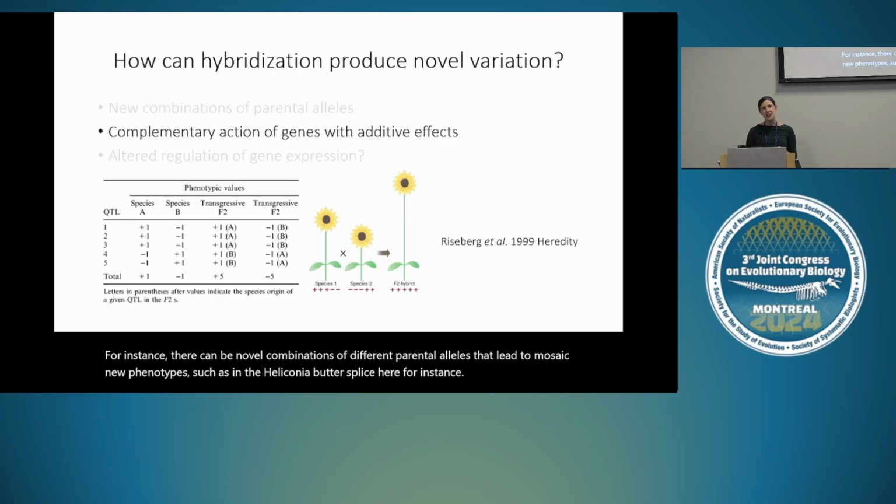Hybridization can also come up with phenotypes that are more extreme in some traits than both parental species, transgressive, if there is complementary action of additive genes, such as in the sunflower example here, where the two parental species have plus alleles for tall growth for different genes, and this can then lead to an overall higher number of plus alleles in F2 and later generations.